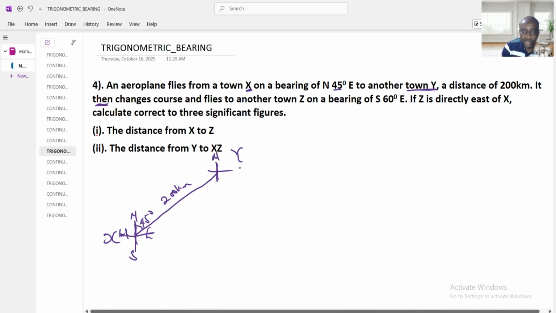This is north, this is east, and this is south. This is west. The question says a bearing of 60 degrees from the south to east. Therefore, we are going to count 1, 2, 3 to 60 from the south to east.